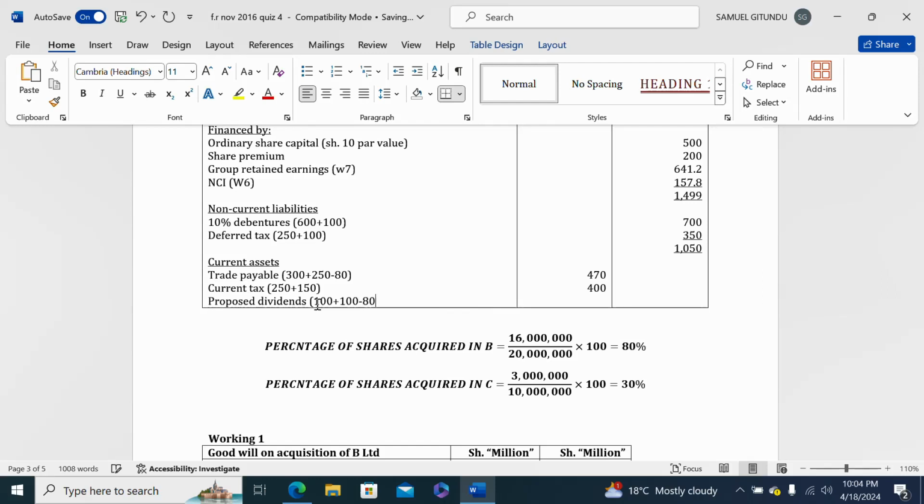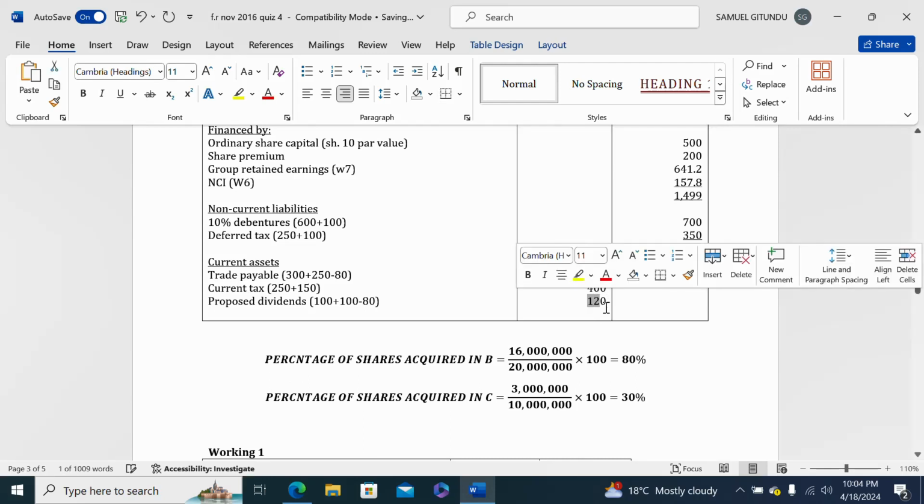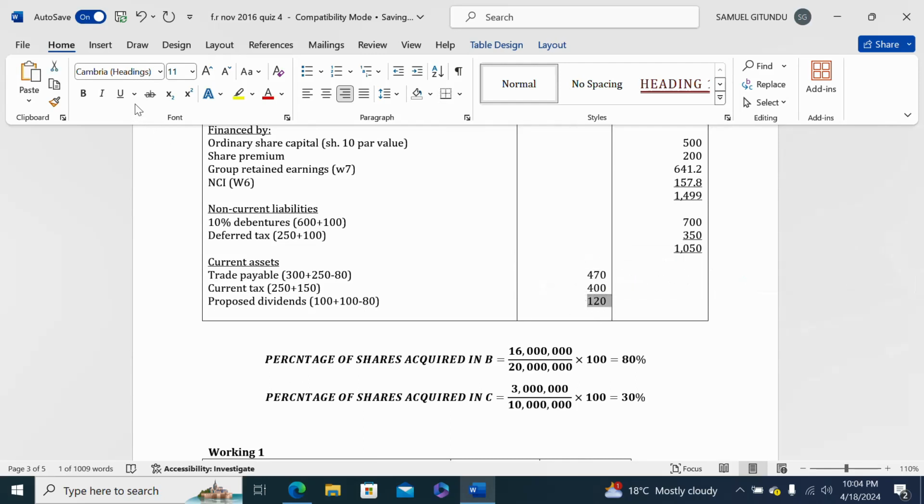These are the dividends that B is paying to A, and if you do that, you are getting your balance of the proposed dividends as 120.